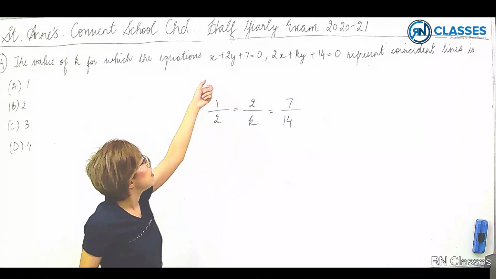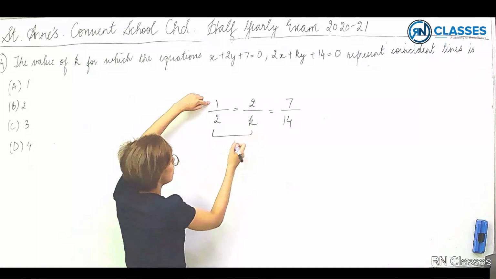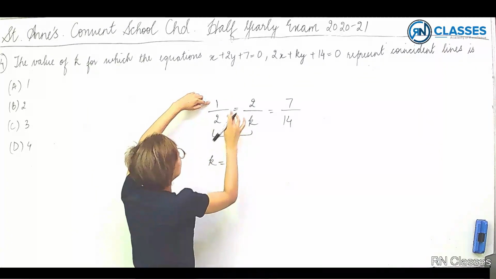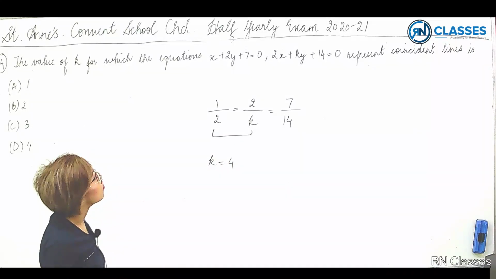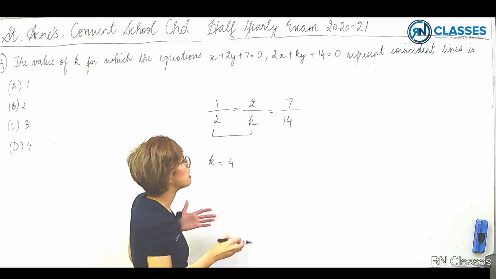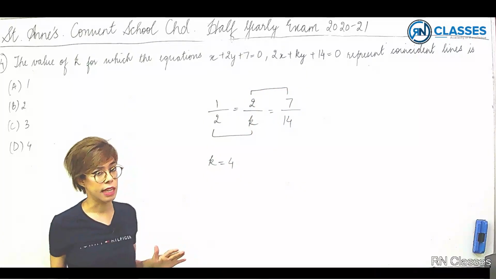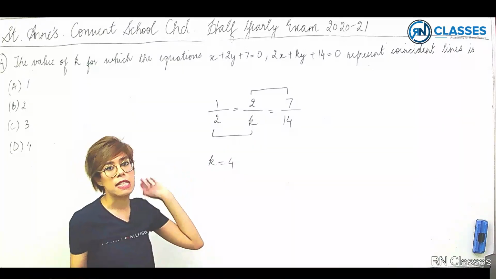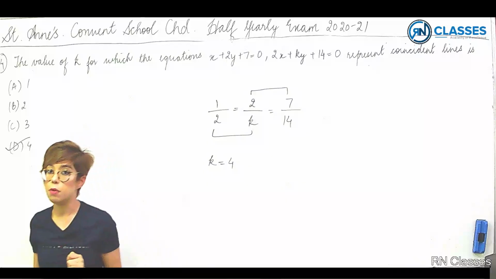Right? So let's cross multiply. So 1 into k, that is k, is equal to 2 into 2, so that is 4. Right? So yeah, I don't need to check provided, there is none of this. So obviously I will not check from here because I'm assuming that the question is correct. So automatically I can say that k is equal to 4 as in option D is the correct one.